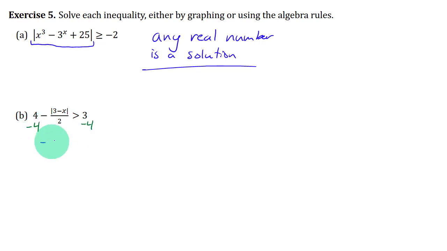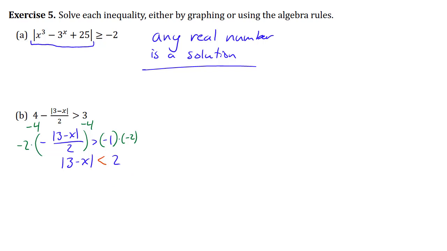So this ends up with the negative absolute value of (3 minus x) over 2 is greater than -1. I'm going to multiply both sides by -2 here. It's going to give you the absolute value of 3 minus x. Oops, because it's a negative number, we got to change the direction, and that should be 2.